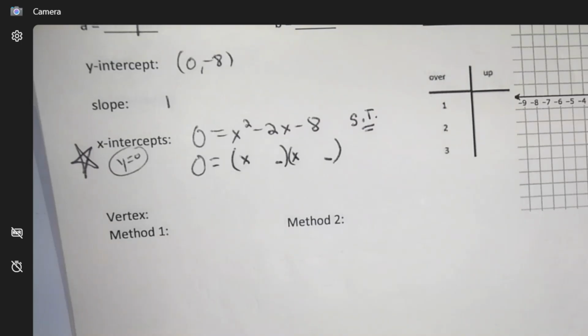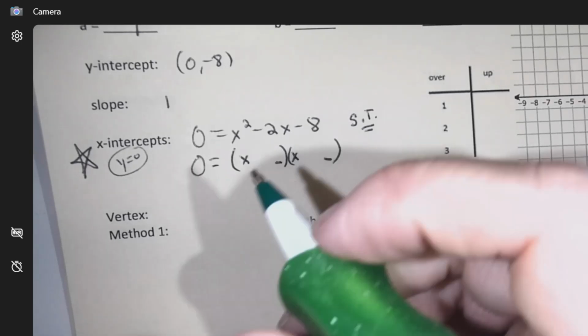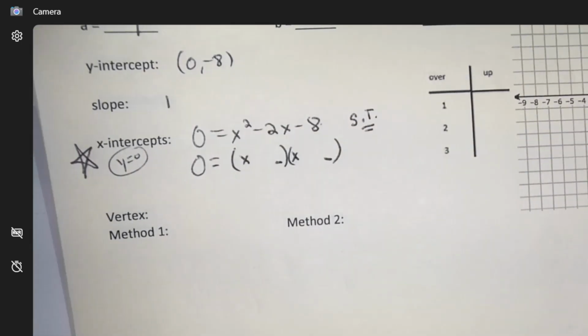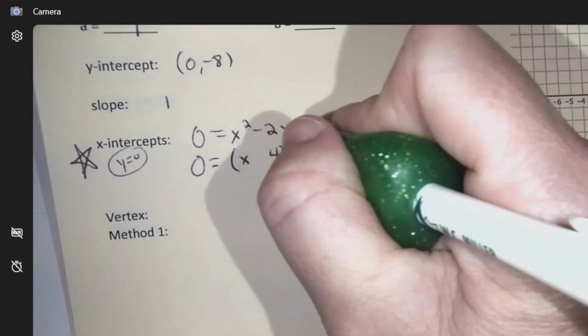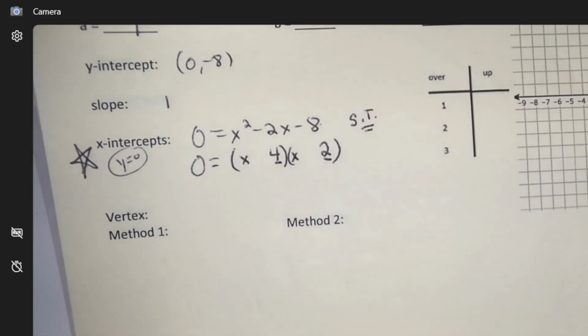On that FOIL part, the lasts need to multiply to 8. But don't forget, in the middle, it's going to have to add. So what multiplies and adds? Got something that will work? 4 times 2. One of them is going to have to be negative to make -8.